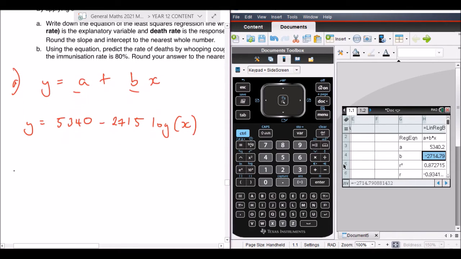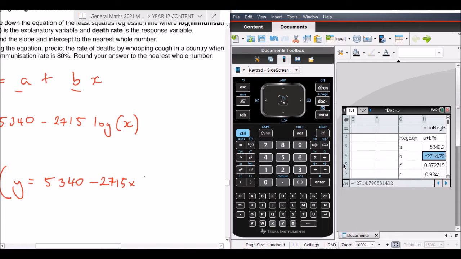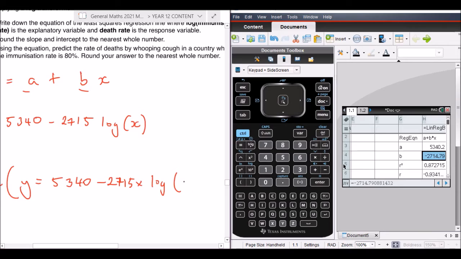So for part b, you need to use your solve function to figure out what y is if x was 80. It's going to be solve y equals 5340, take away 2715 times the log of 80, then comma y.